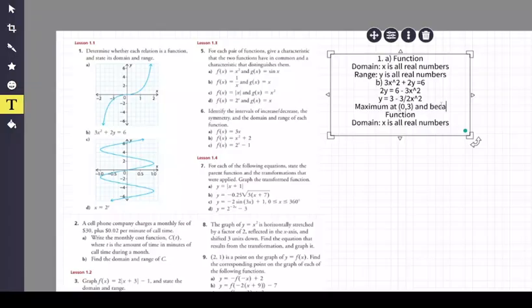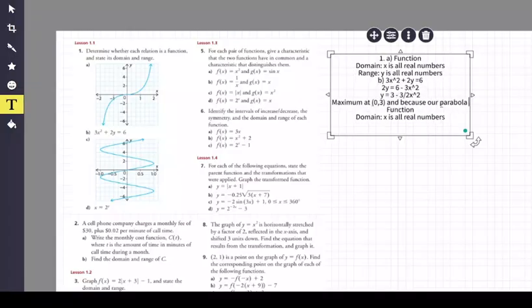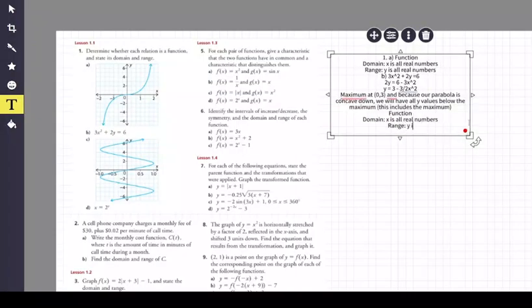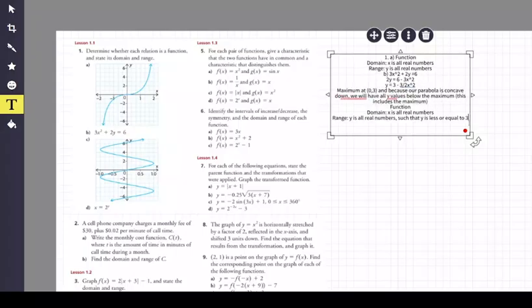And because our parabola is concave down, meaning you have a U shape like this, it faces downwards, we will have all y values below the maximum. This includes the maximum. This means range for us is y is all real numbers such that y is less than or equal to 3. And that is our range.